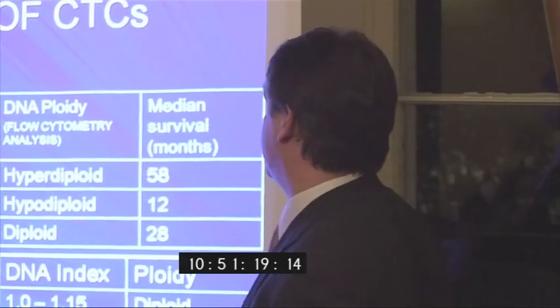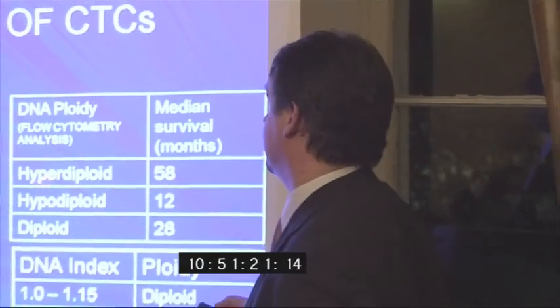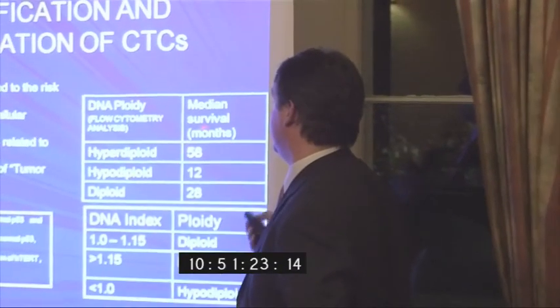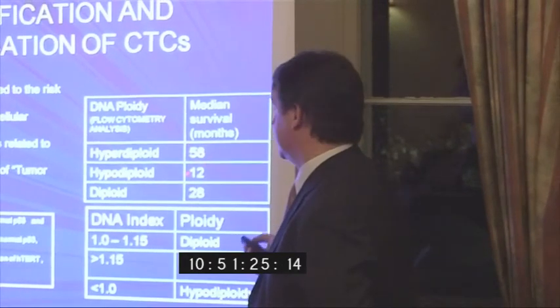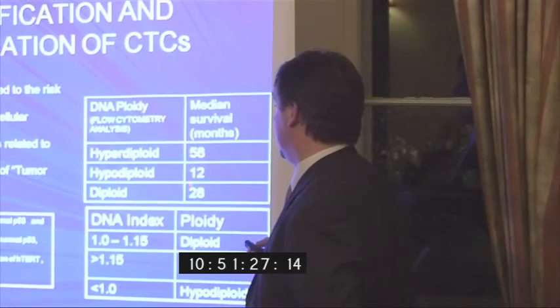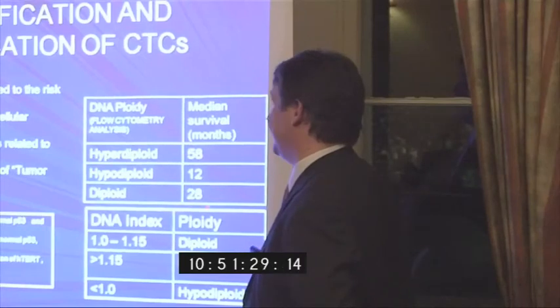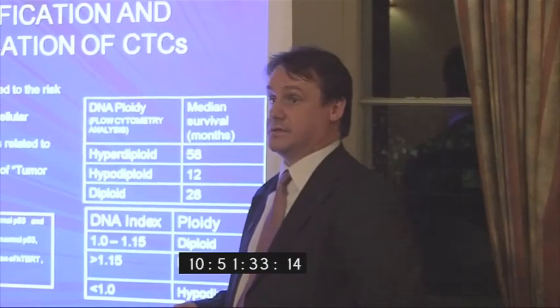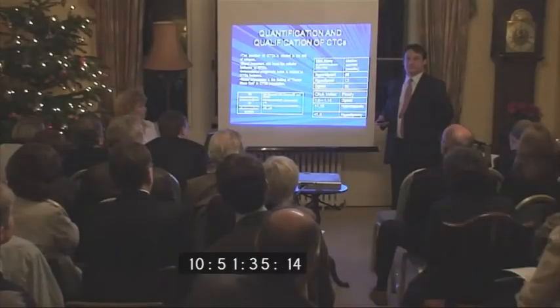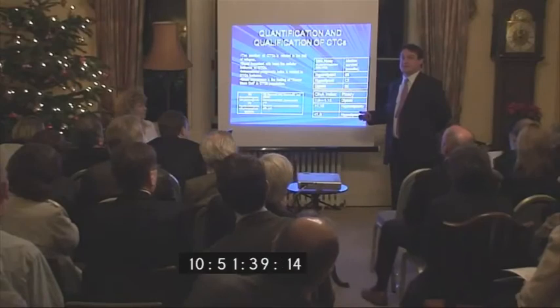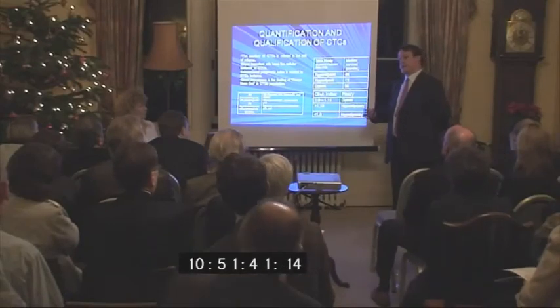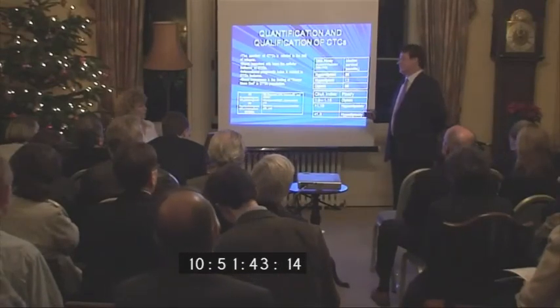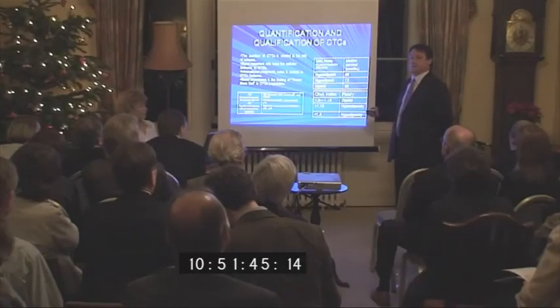This data comes from multiple myeloma. Hyperdiploidy, they have median survival of 58 months. Hypodiploidy only 12, and diploidy 28, irrelevant if the patient received therapy or not. So it means that already the information is there, how aggressive our cancer cells are, even from simple features.